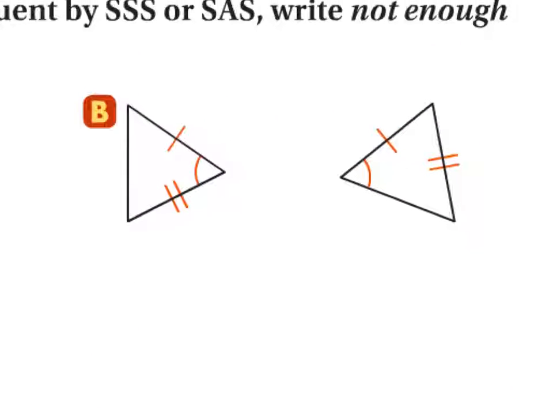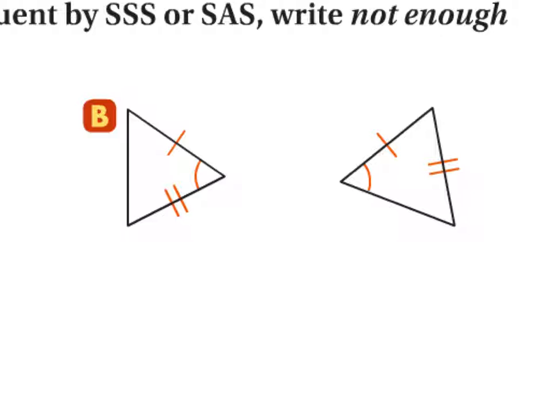Set B, what do you think? Yes, side angle side. Careful. We have two sets of congruent sides, I agree. But do we have the angle between them? No. This is called side angle side because I literally need two sides and the angle between them.